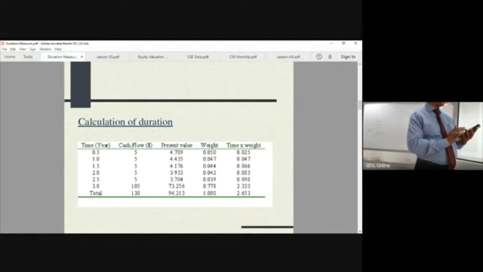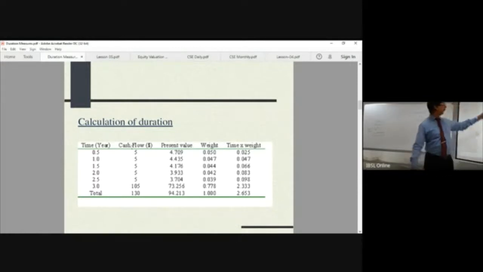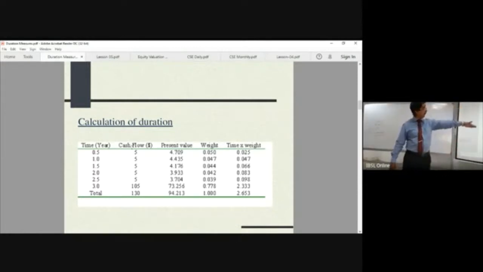You get 0.047. Likewise, you can calculate each of these things. Last one, 73.256 divided by 94.213. There you get 0.778. Now the beauty of that is, if you add up all these things, it should come to 1. If it doesn't come to 1, something is wrong somewhere.